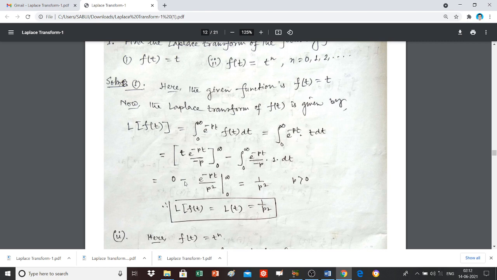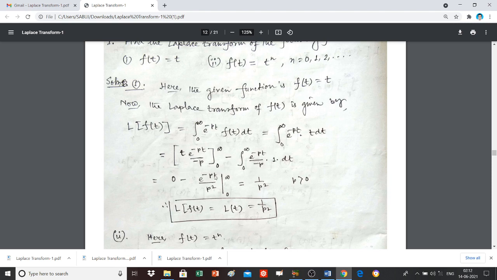From here, if you use the limit infinity, the term e to the minus pt gives a null result, and when we use the limit t as 0, this term also gives 0. So ultimately this term is nothing but 0. Then just integrate the remaining term.